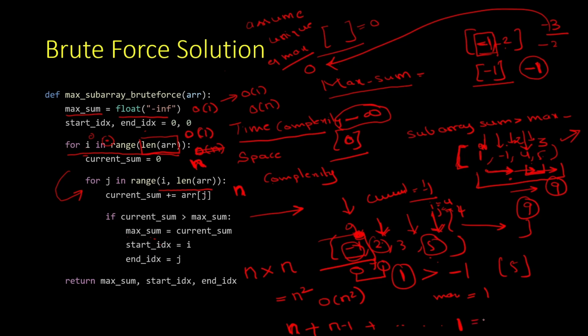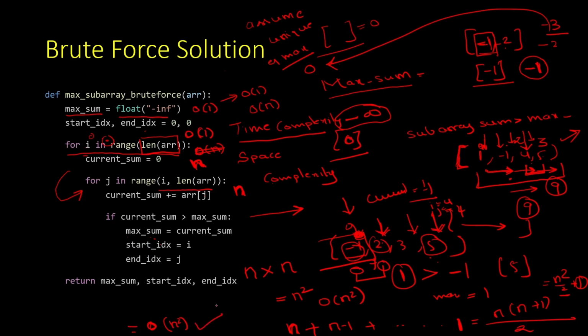If you sum this, it's nothing but n into n plus 1 by 2, that is n square by 2 plus n by 2. So if you want to find big O, it's just O of n square, because you ignore constant values as well as any constant multipliers.